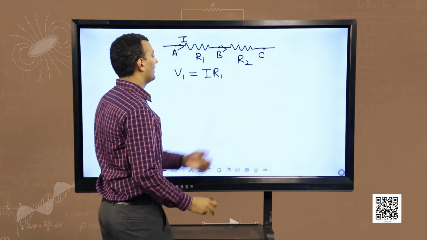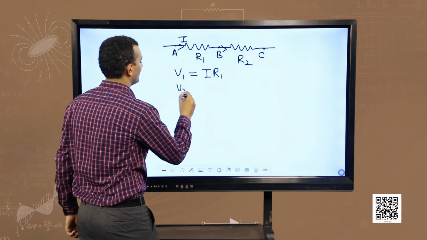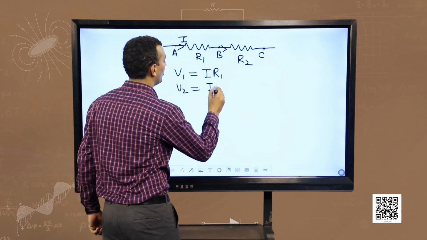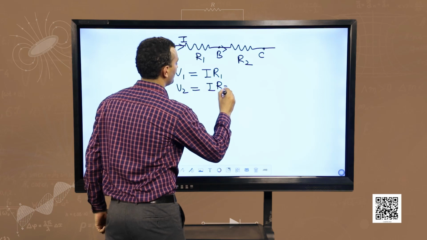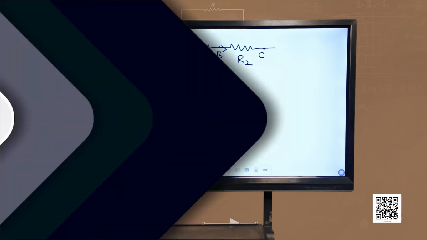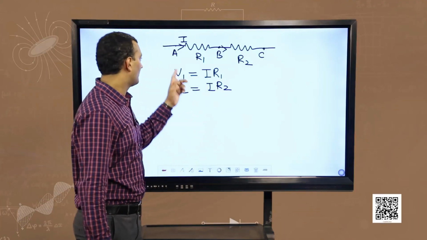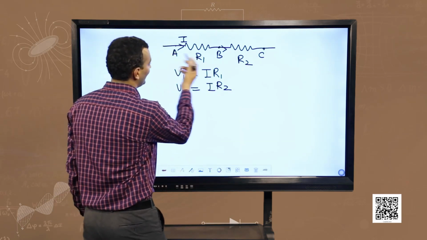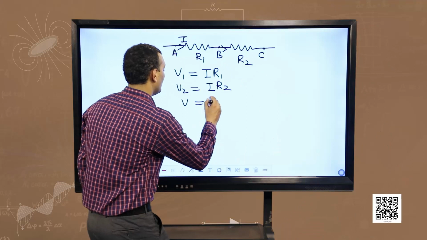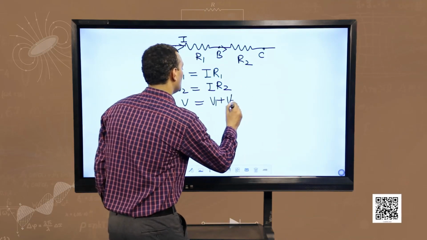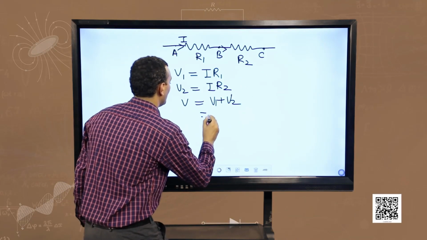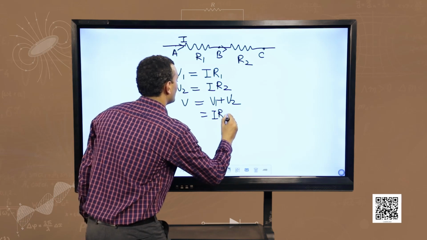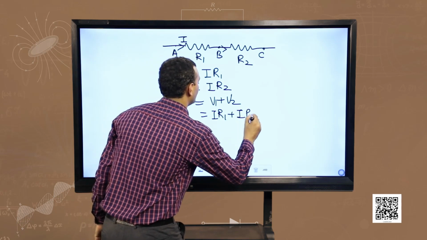The voltage drop across the second resistor, again by Ohm's law, is I R2. If we calculate the total potential difference between the two ends A and C, V1 plus V2, it becomes I R1 plus I R2.